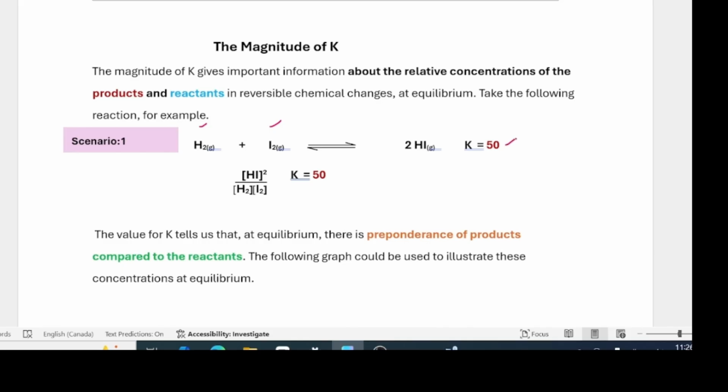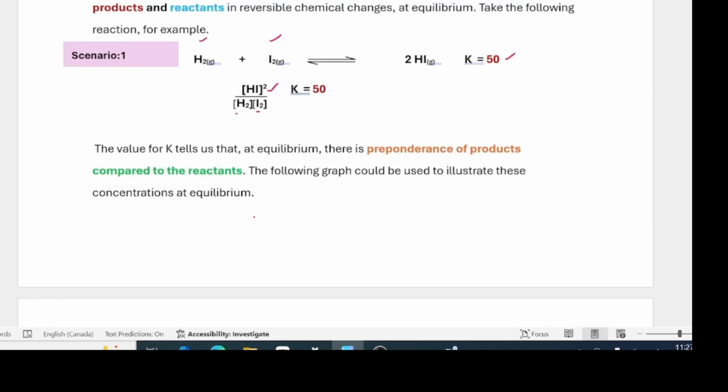What does that tell us? Look, you're getting a large value, so which one must be higher, the numerator or the denominator? Definitely, that value, the numerator there, must be substantial compared to the denominator here. This tells us that there's a preponderance of products compared to the reactants.